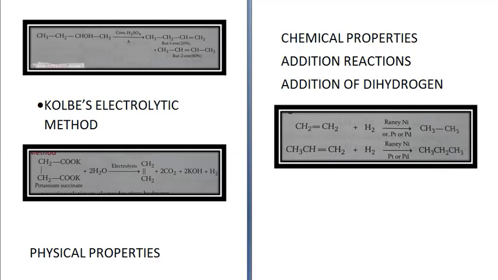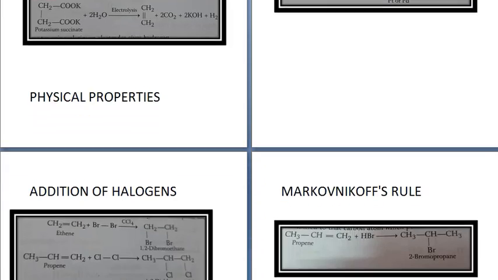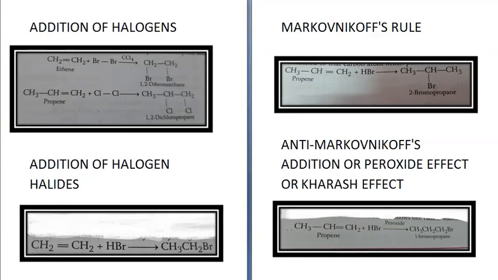Next is addition of halogens. Halogens like bromine or chlorine add to the alkene to form vicinal dihalides. But iodine does not show addition reaction under normal conditions. The reddish orange color of bromine solution in CCl4 is discharged when bromine adds to an alkene. This reaction is used as a test for unsaturation.